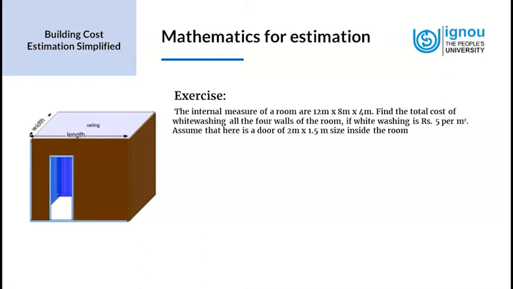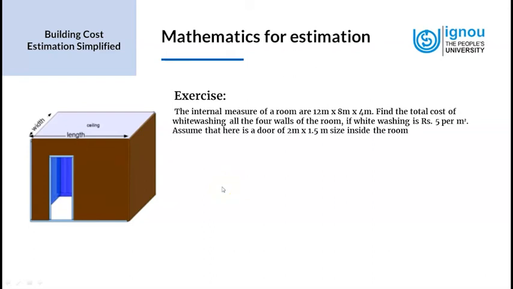The task is to find the total cost of whitewashing of all the 4 walls of the room, and the whitewashing cost is given, which is rupees 5 per square meter. And there is a door that is given, which is of height 2 meters and width 1.5 meters. That's one single door that is there in the room.